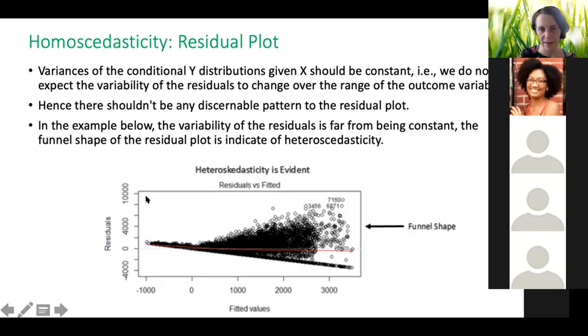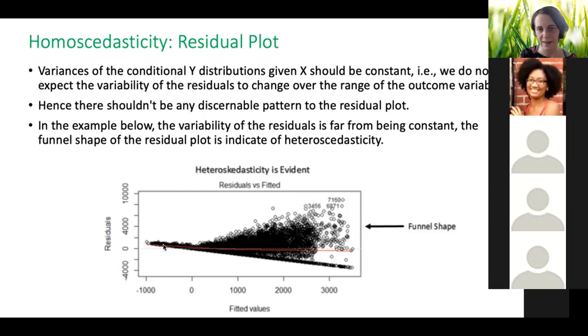So again, we see the classic residual plot, where the fitted values are on the x-axis and the residuals are on the y-axis. And here it's very clear, right, that the smaller our fitted values are, the smaller the variability of the residuals, and as the fitted values increase, the variability of the residuals also increases.